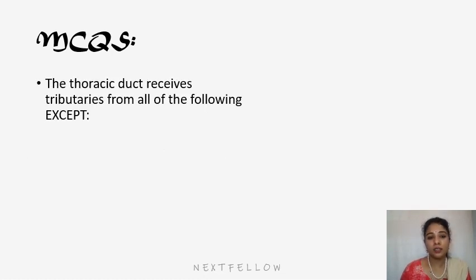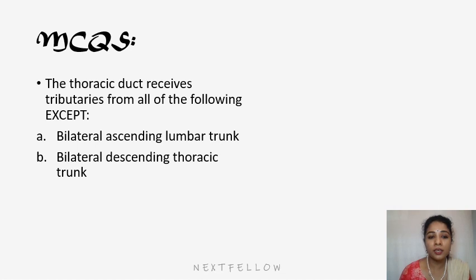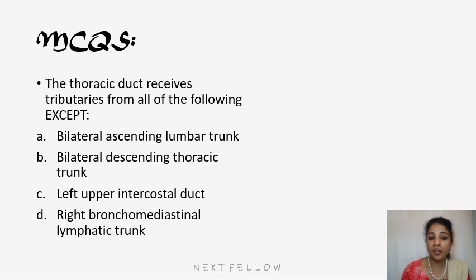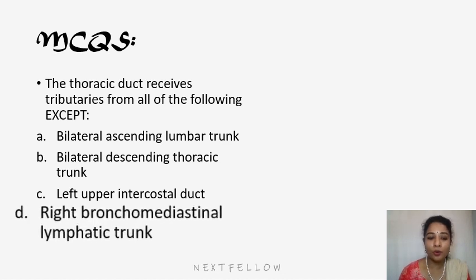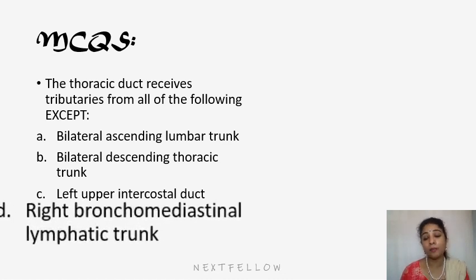Thoracic duct receives tributaries from all the following except: bilateral ascending lumbar trunk, bilateral descending thoracic trunk, left upper intercostal duct, right bronchomediastinal trunk. I hope you all know the answer. Right bronchomediastinal trunk is the answer because right bronchomediastinal trunk converges with the other trunks to form right lymphatic duct.